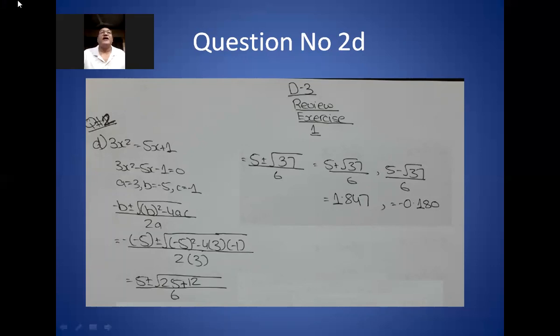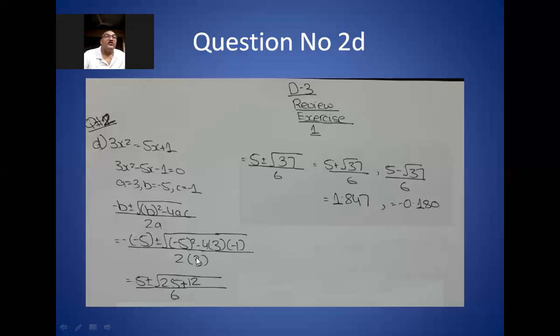So substitute the value of the a, b, and the c here. You can see here we have written minus, the b value is minus 5. And under the under root, I have written a bracket minus 5, bracket close square, minus 4 into 3 into minus 1. So minus minus will be plus 5, plus or minus will remain as it is, under root, and minus 5 square will be 25, minus and minus will be plus, 4 3s are 12. So you write here 12, 2 3s are 6.